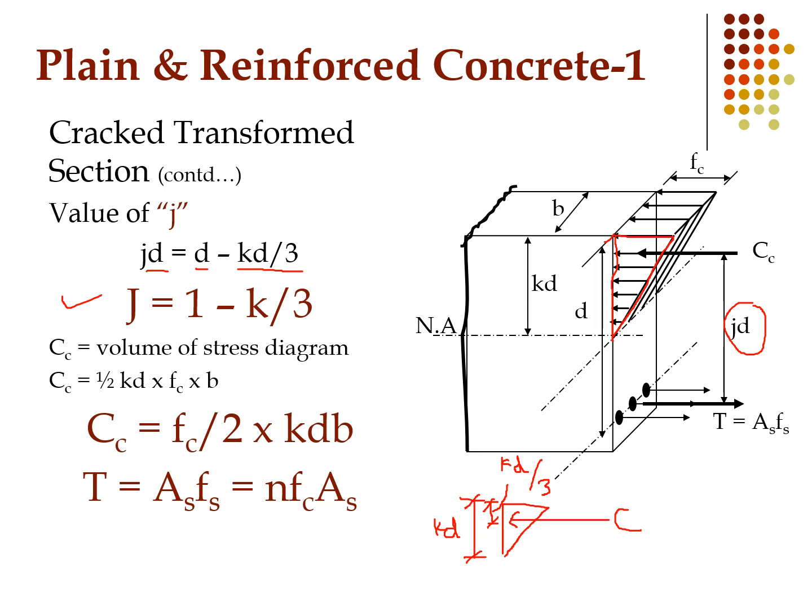If this is the triangle, and that distance is k times d, and that is fc, which is the stress at the top concrete, then the area of that triangle is 1 by 2 fc, sorry, this is not fc dash, this is fc, into k times d, and multiplied by the other direction dimension, b.